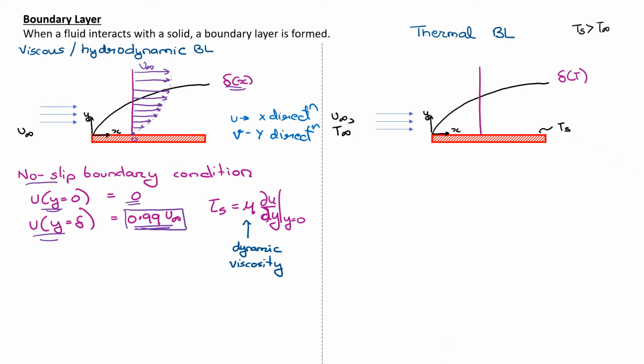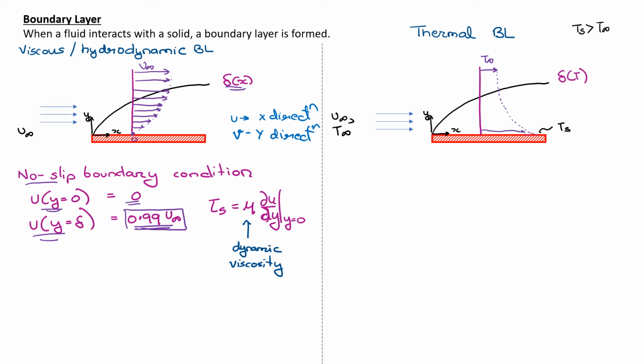If we have a hot surface and flow moving over it, our flow outside will have temperature T infinity, and because we have a hot plate, as we move towards the surface, our temperature will be almost equal to the surface temperature.